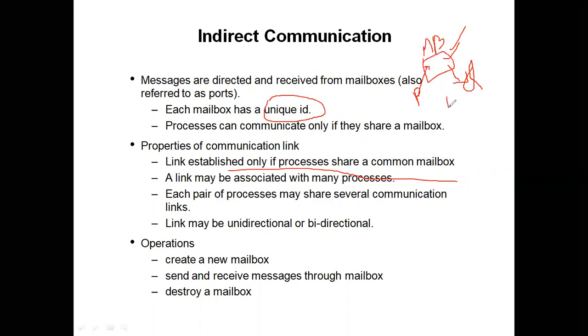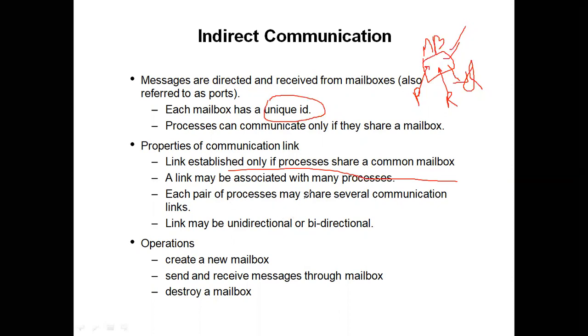A link may be associated with many processes. It is not mandatory that a mailbox created between P and Q can only be shared by P and Q. There can be another process, R, which is again sharing the same mailbox. So a single link can be used by more than two processes to communicate with each other.